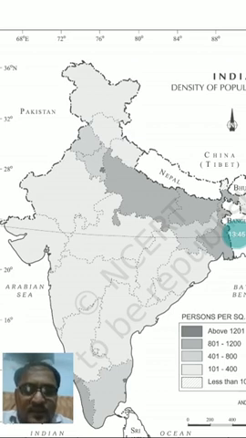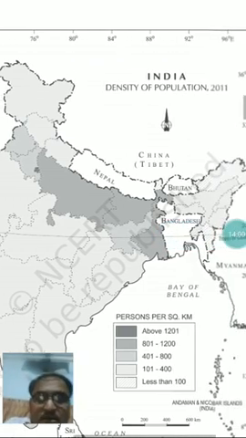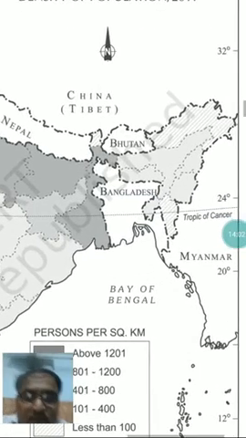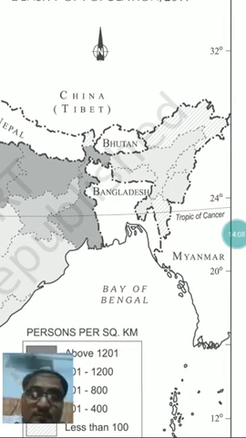The hill states of the Himalaya like J&K, Himachal, Uttarakhand, and the northeastern states of India excluding Assam. If you exclude Assam, the rest like Nagaland, Tripura, Mizoram are least densely populated.